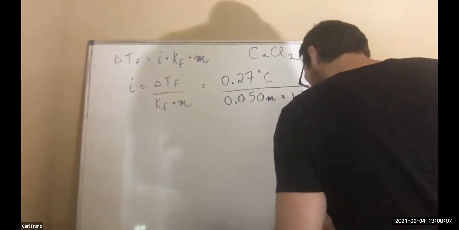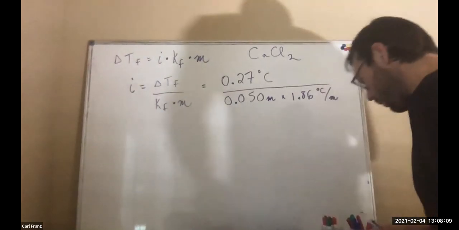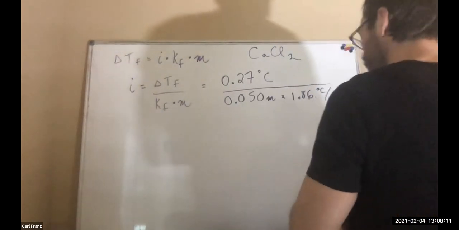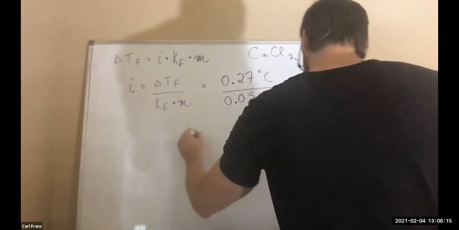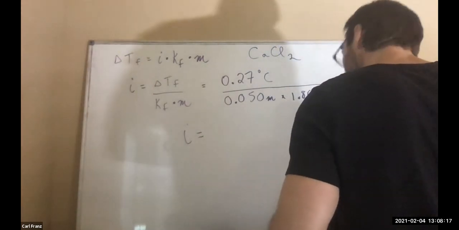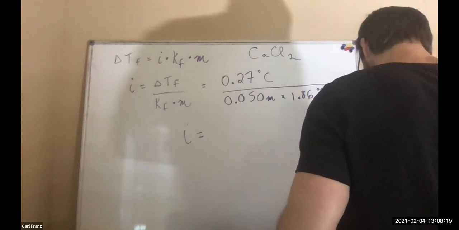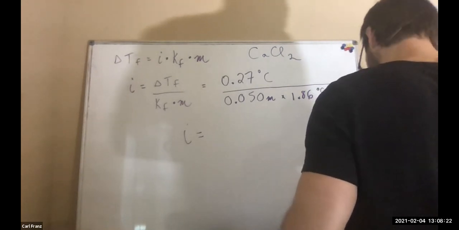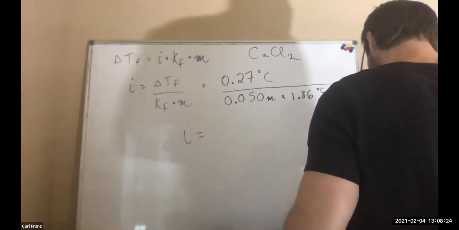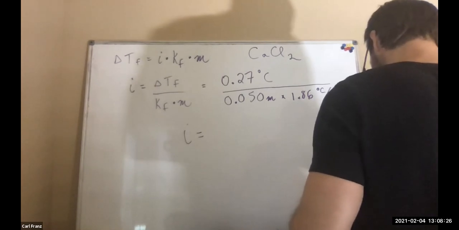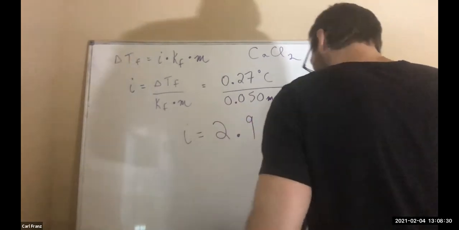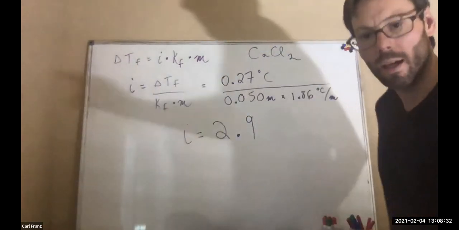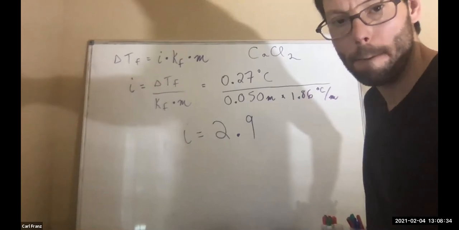And if we do all this, divide it out, we get I equals 2.9. Okay.